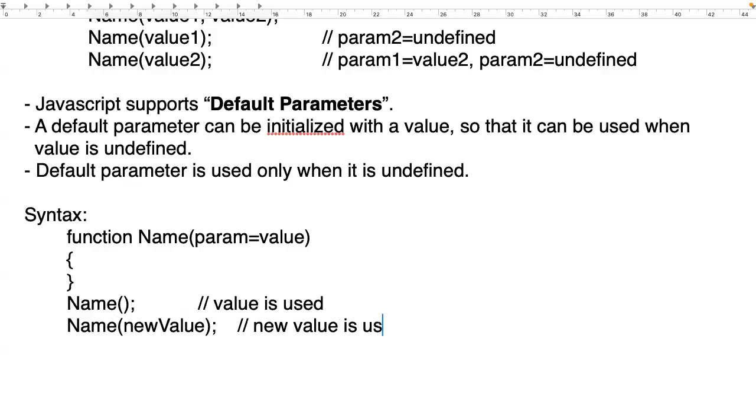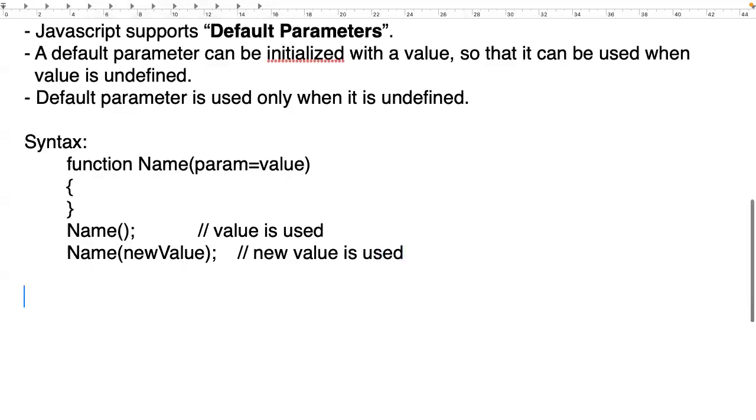Am I right? That is the basic syntax. So if it is not undefined, if it is null or something else, then we have a problem. So you need to verify.